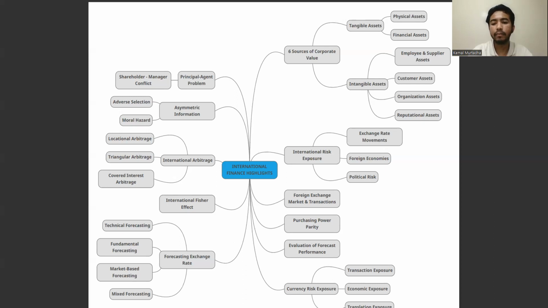Transaction exposure, economic exposure, and translation exposure are the three types of exposure. Transaction exposure is the risk that currency fluctuations will change the value of the money in which a deal is conducted.